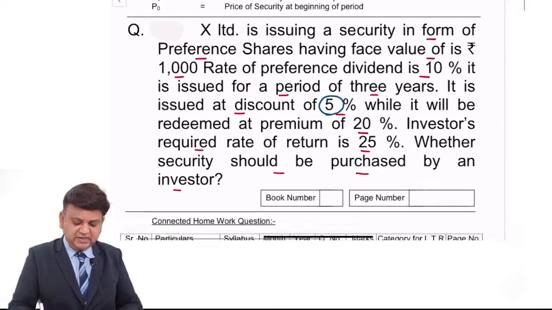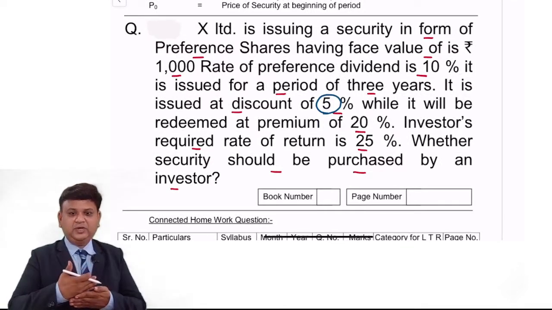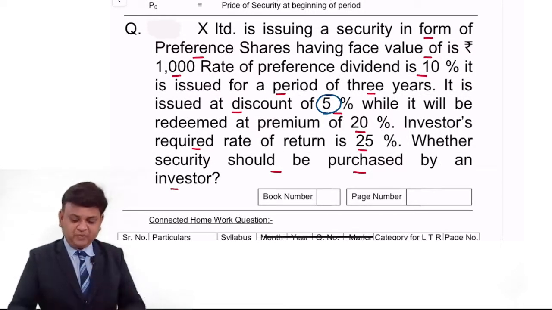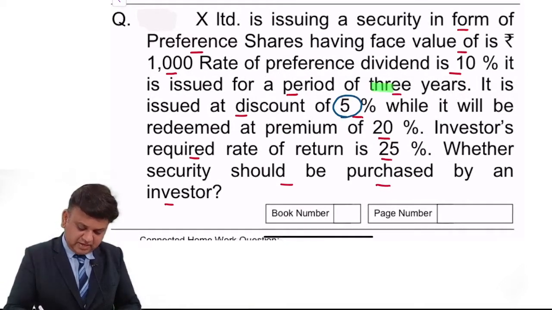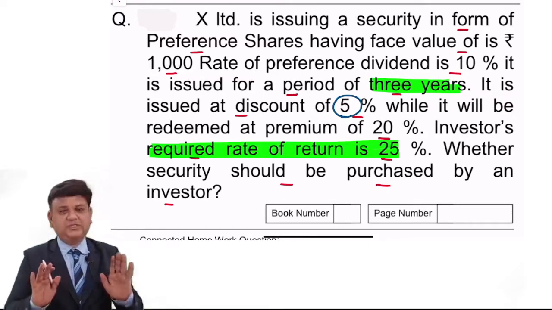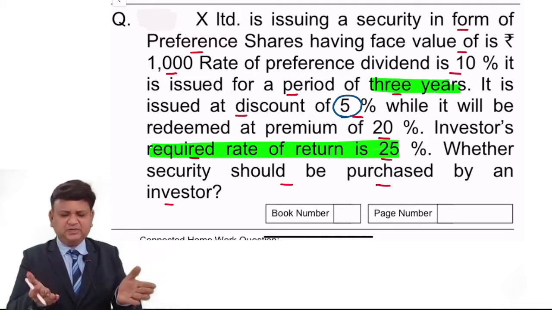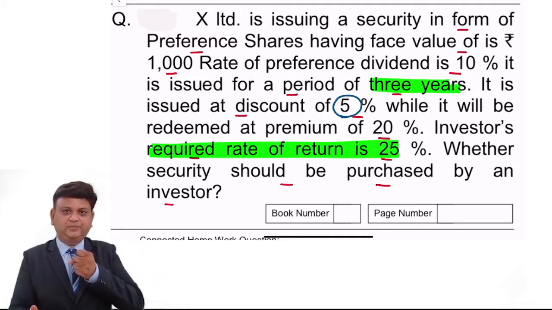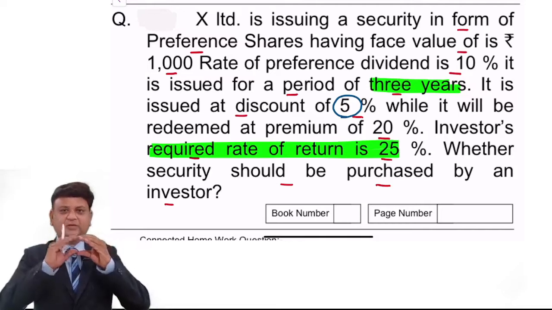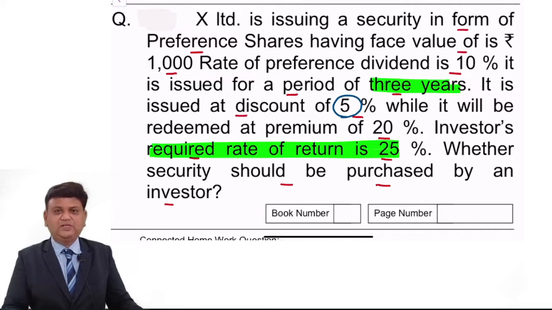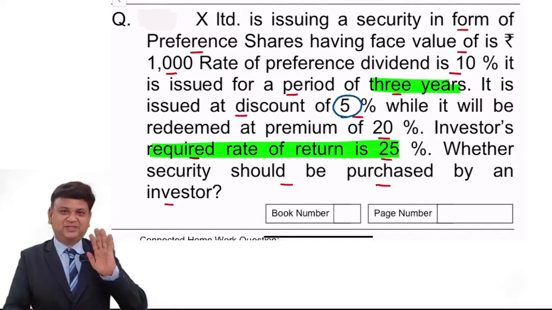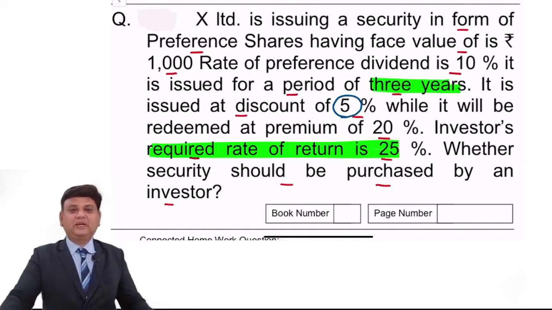We understand that as an investor, if I make an investment in the security, I will calculate the return that I am getting, and that will be compared with the cost of capital, that is my required rate of return, for the purpose of decision making. The concept is very simple. You find the actual return and compare it with the required rate of return. Actual return may be more, may be less. If it is more, then you should buy the security. If it is less, you should not buy the security.